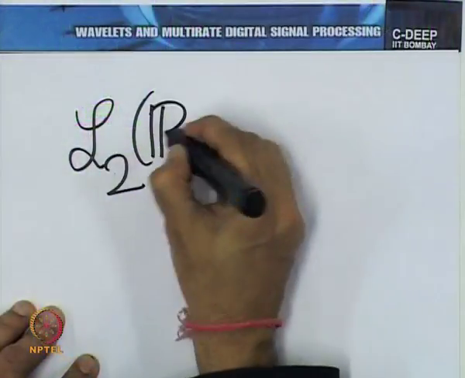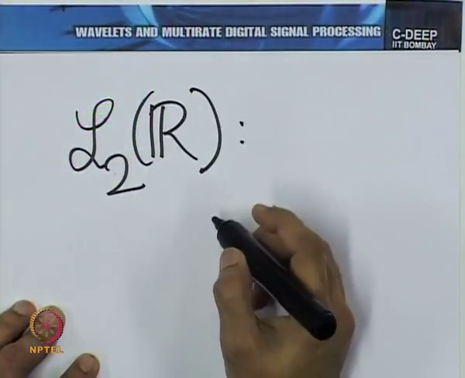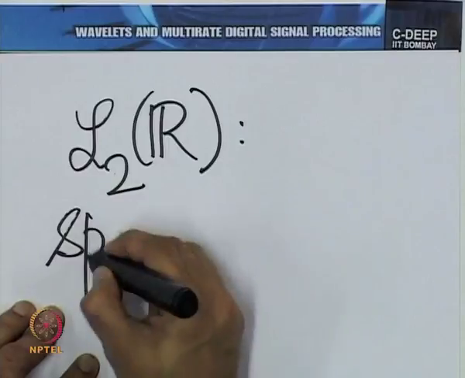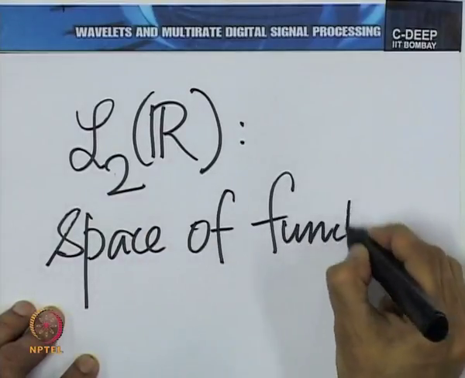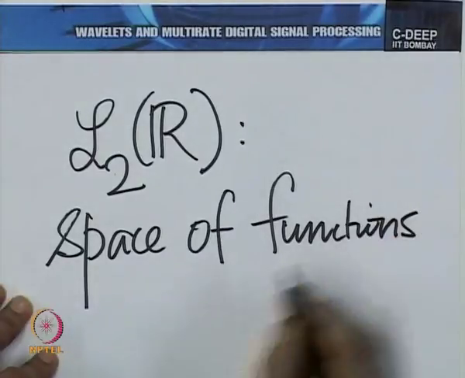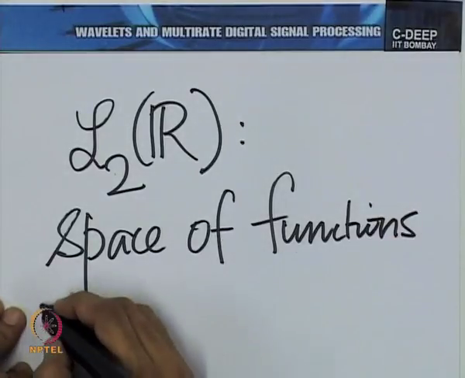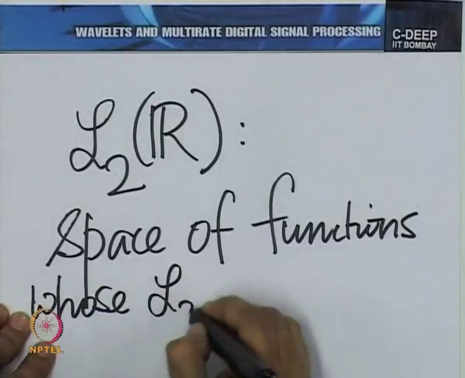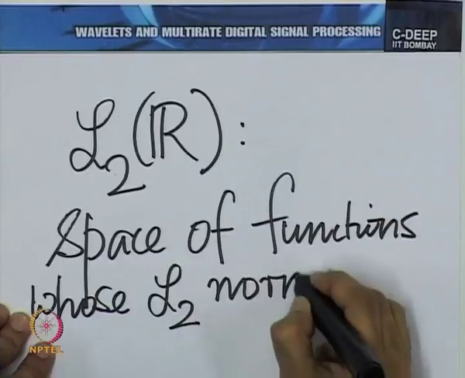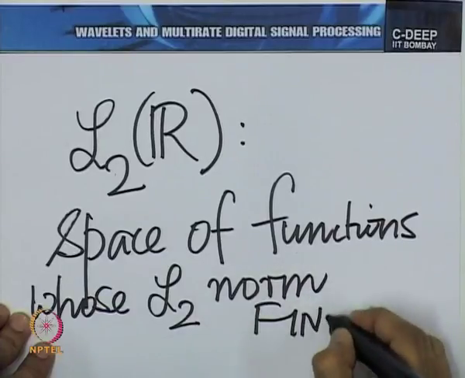L2 over the real axis. It is a space of functions, and it is a space of functions whose L2 norm is finite. Simple.